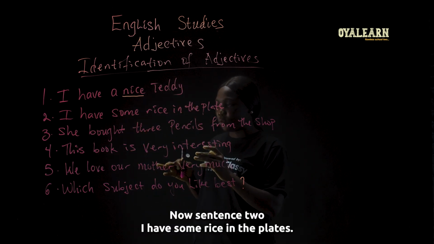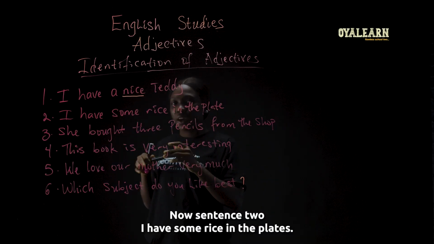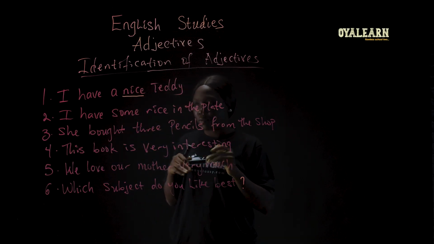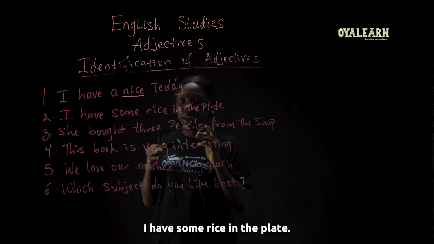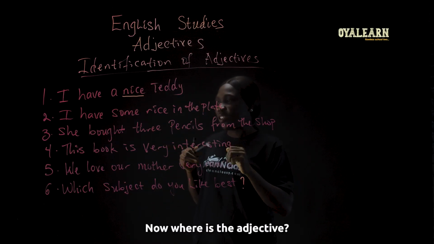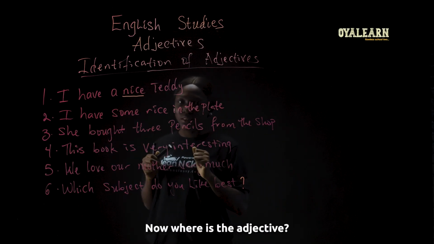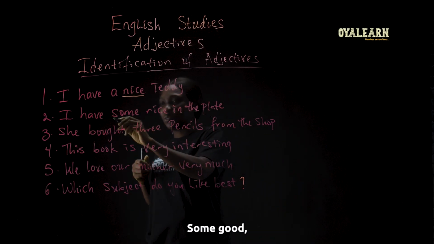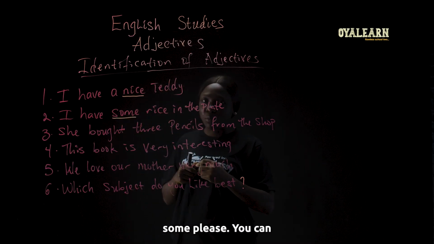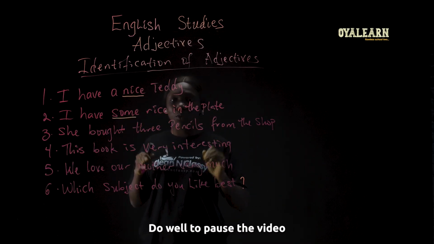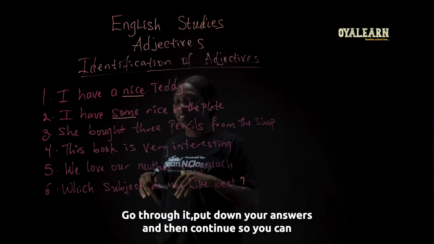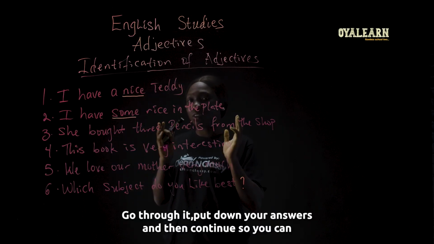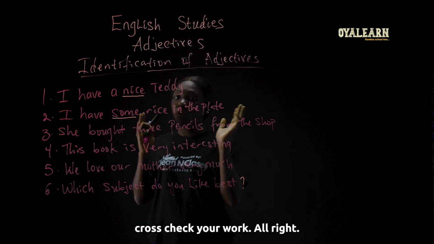Now sentence 2, I have some rice in the plate. Now where is the adjective? Some. Good. Please, you can pause this video, go through it, put down your answers, and then continue so you can cross-check your work.